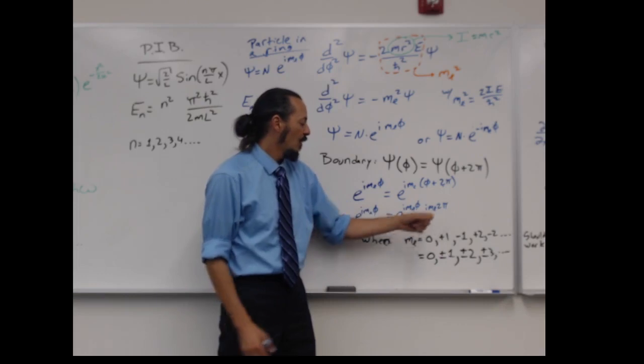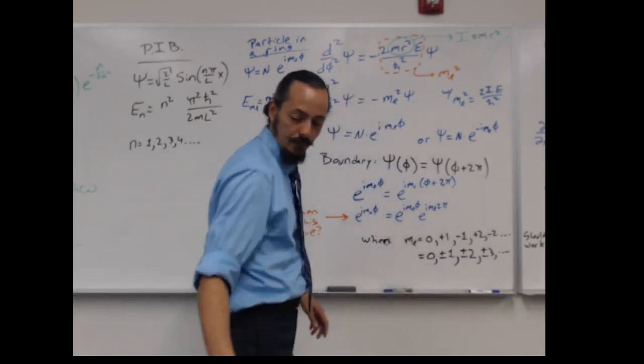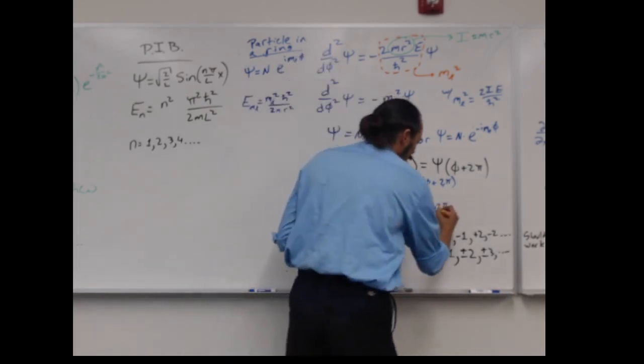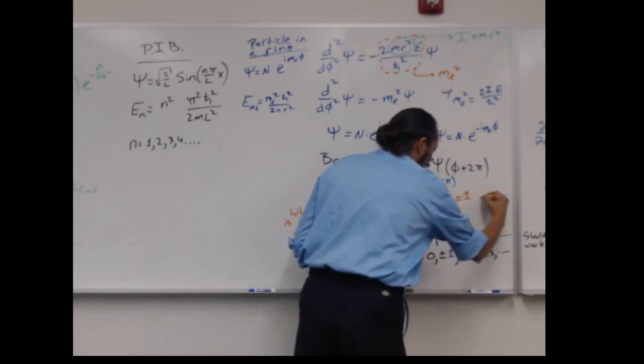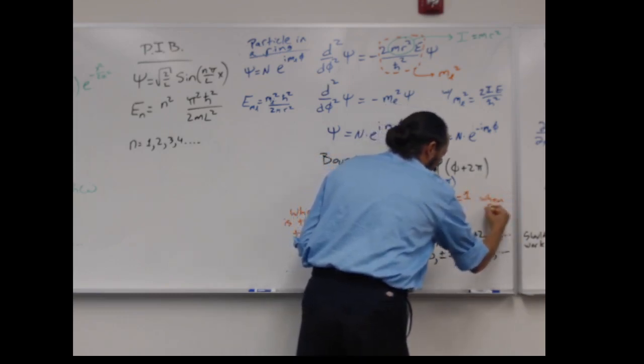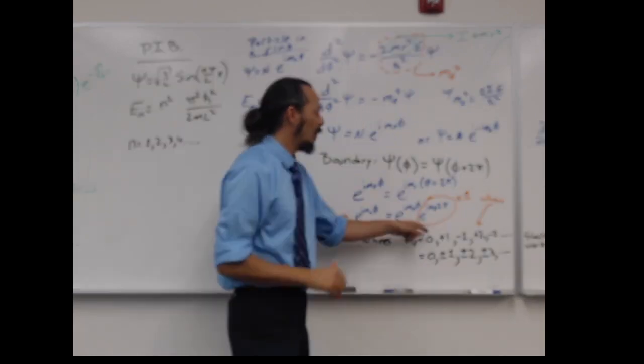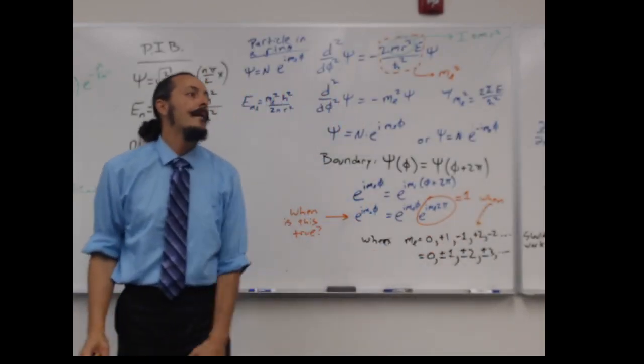And so the question becomes, when is this chunk equal to 1? So that thing is equal to 1 whenever we have these conditions met.